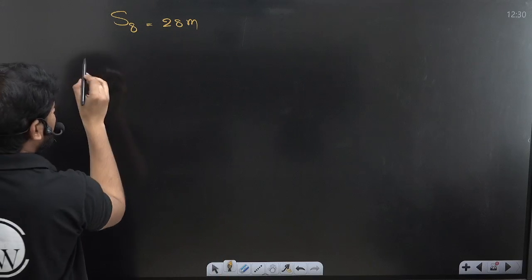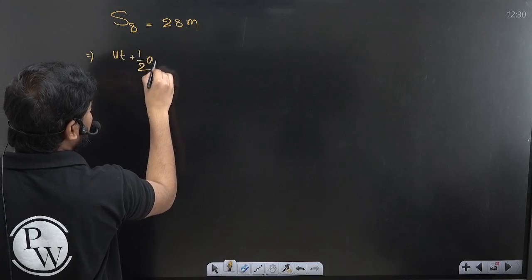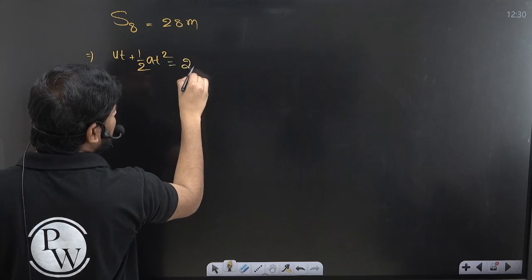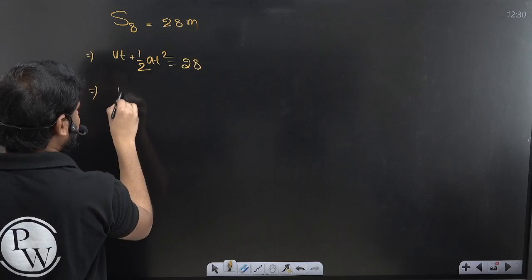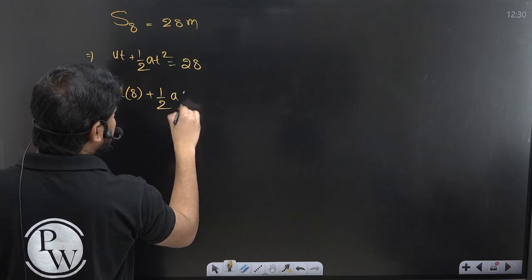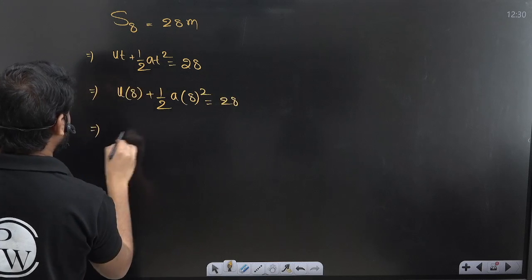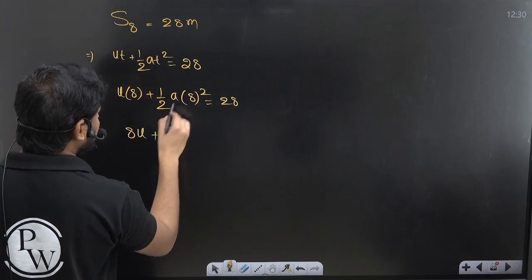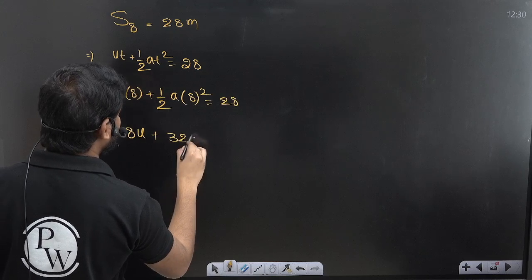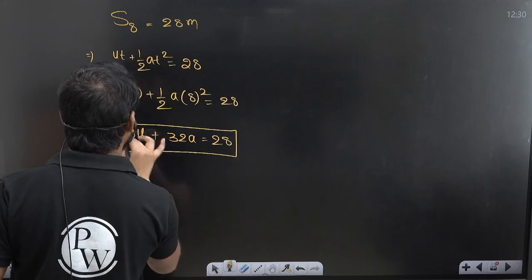Total distance 28. So again ut plus half at square is equal to 28. So u times 8 plus half a 8 squared is 28. So then 8u plus, this is 64 by 2, so 32a is equal to 28. Let it be equation number 2.